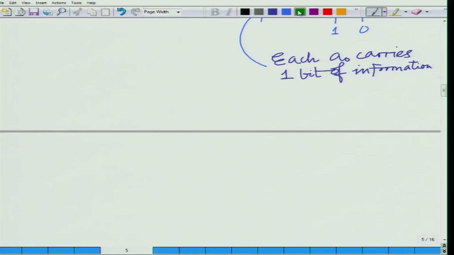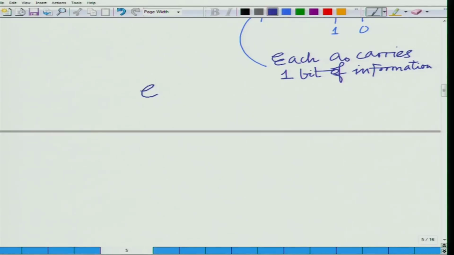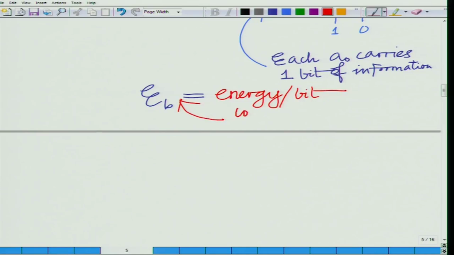Now, a standard way to normalize the energy or compare the various digital modulation schemes is to set a constant energy per bit, which we are going to denote by E_B. Alright. So, this is the constant energy per bit that we are going to use across all schemes. E_B equals the energy per bit, and this we are going to hold constant across the schemes.